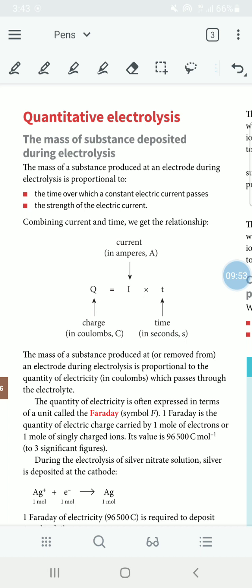Number one, the time over which a constant electric current passes. Number 2, the strength of the current. If both of these are higher, the amount of substance produced would be higher.